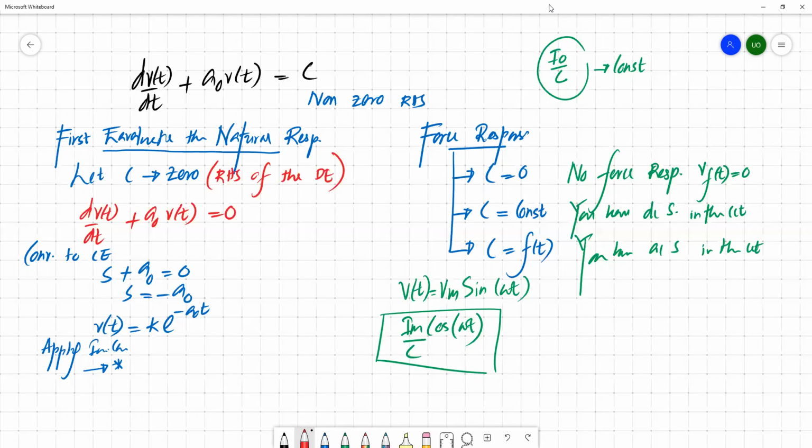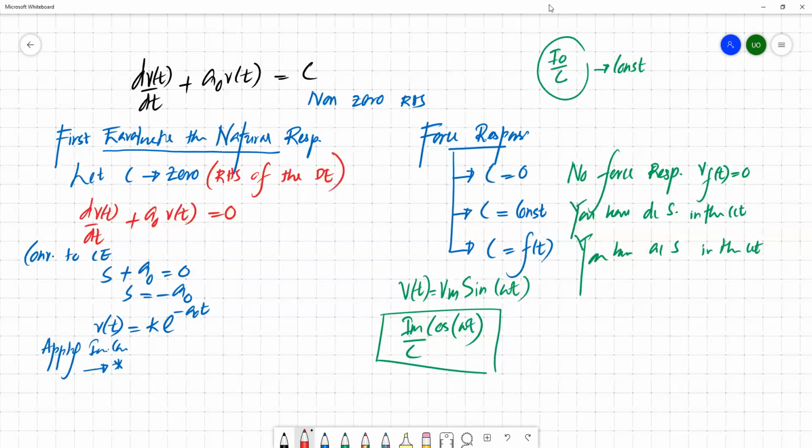This is the discussion we had a couple of hours before. Similarly, for the forced response as well, we can come up with a trial solution depending on the format of the source.